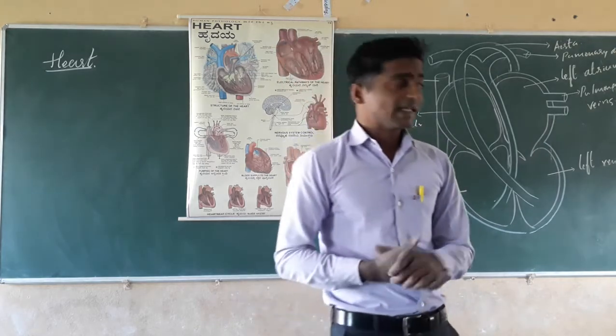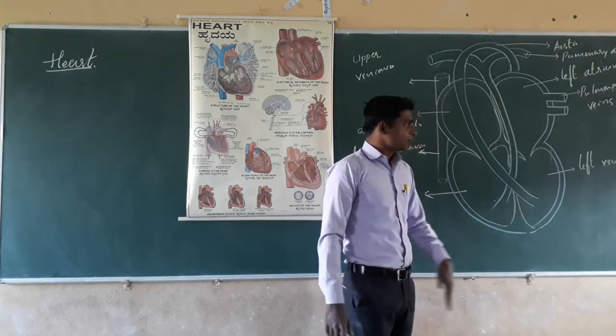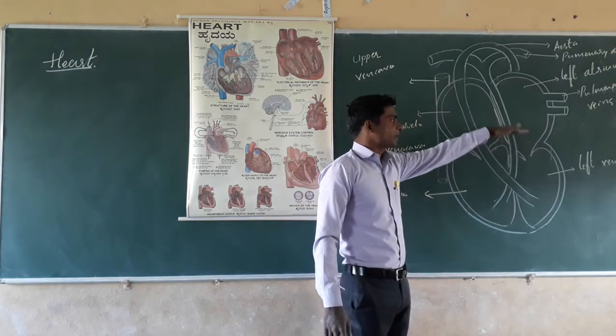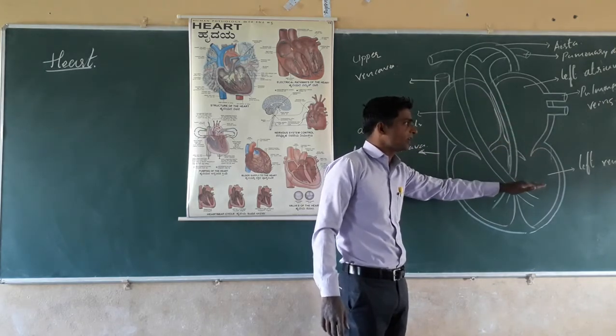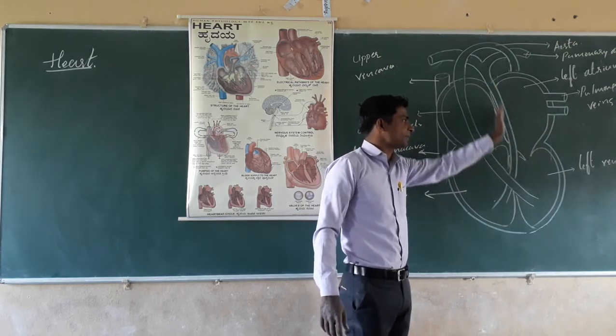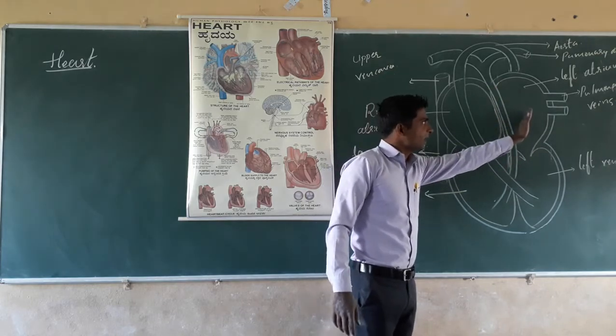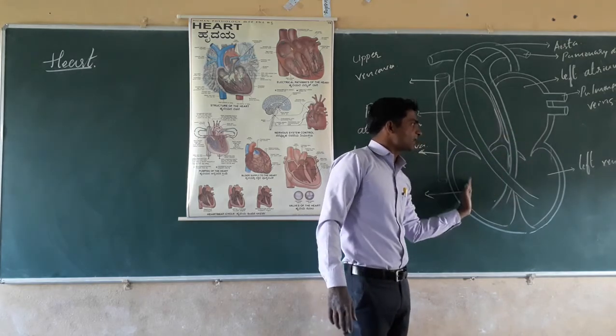Next, dear students, the human heart has four chambers. Two upper chambers are called the atrium or auricle, and two lower chambers are called the ventricles. Again, these atriums and ventricles are separated by the septums, that is left atrium, right atrium, left ventricle, right ventricle.